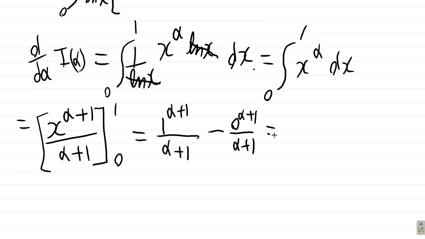In this case, this part will be 0, because 0 to any power is 0, and 0 over anything is 0. And 1 to any power is 1. So it's 1 over alpha plus 1. See that?